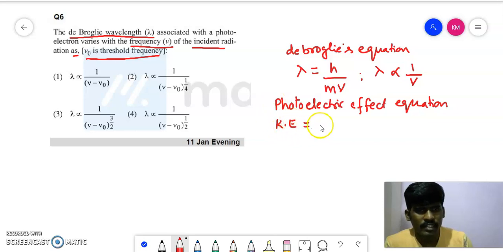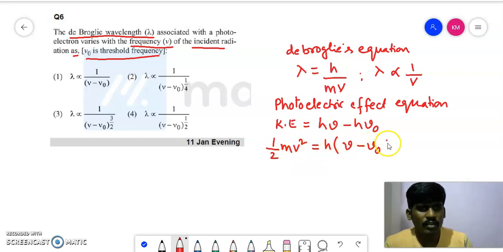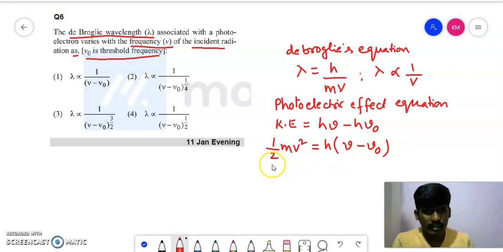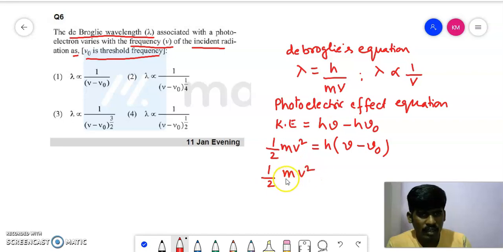KE is nothing but half mv square. Half mv square is equal to h of nu minus nu naught, and this I can write as half mv square upon h is equal to nu minus nu naught. As you know, m is the mass of the electron and h is Planck's constant.